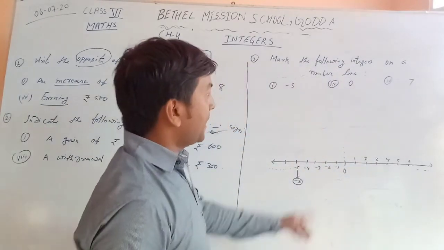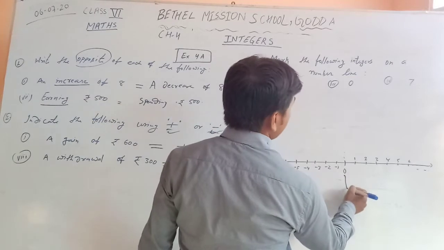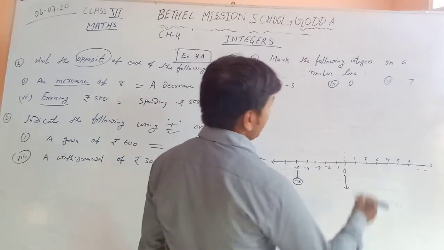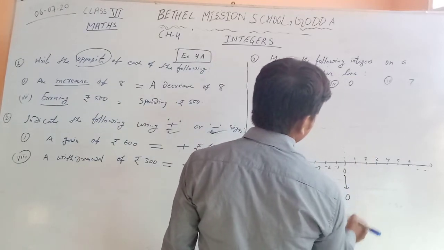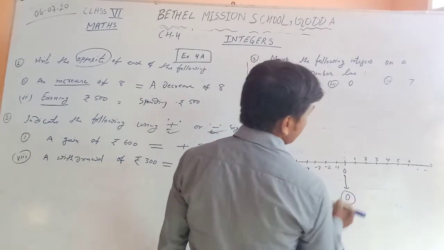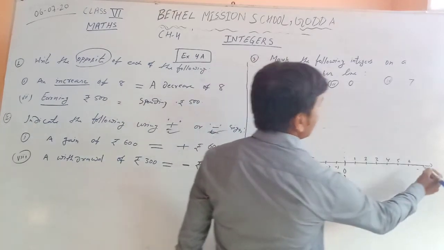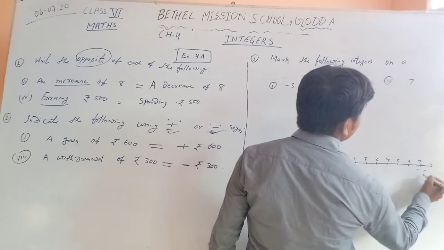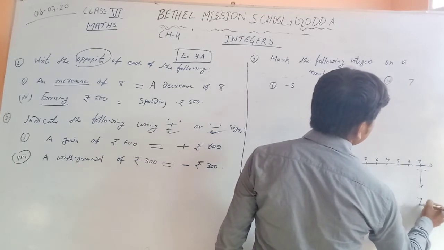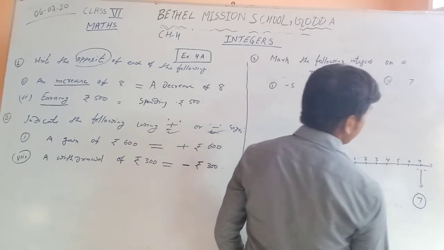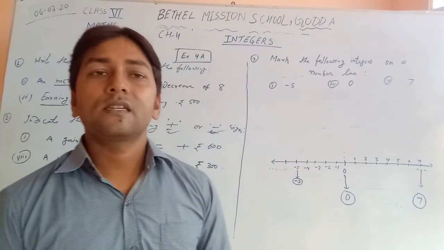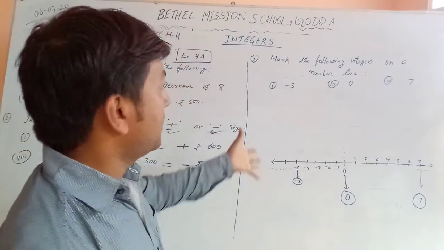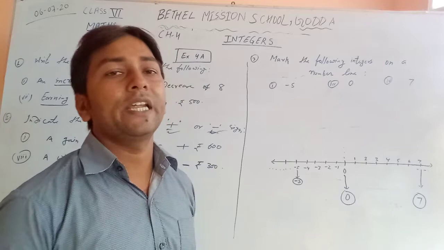Okay, mark 0, so here you will make one arrow symbol and give the 0. Mark 7, here 7, so mark here this is 7. This way you can draw the number line and you can indicate.